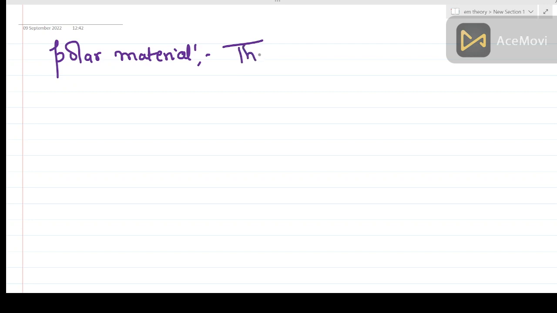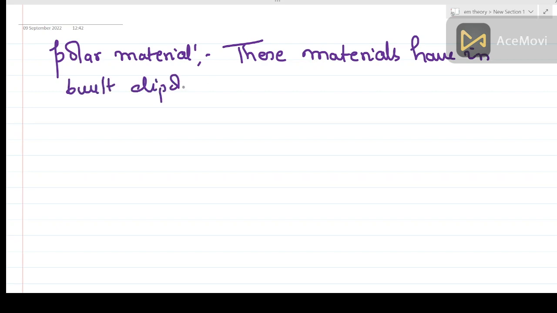These materials have an inbuilt dipole moment, and this is due to structure.